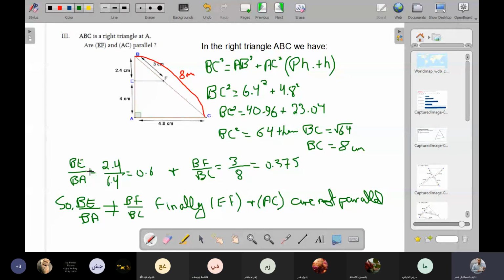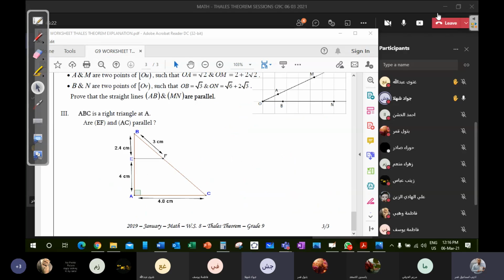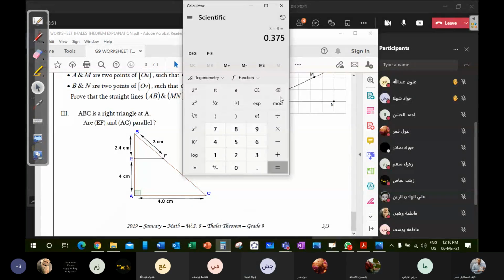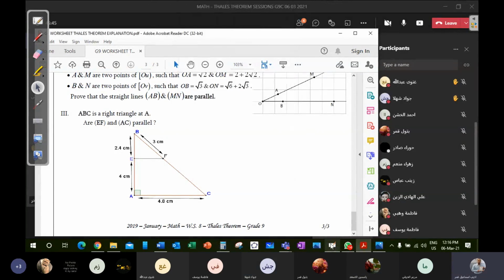Who was telling me the ratio? Zahra. BE over BA is equal to 2.4 over 6.4. Let's calculate it. 2.4 over 6.4 equals 0.375. Now the ratios are equal.